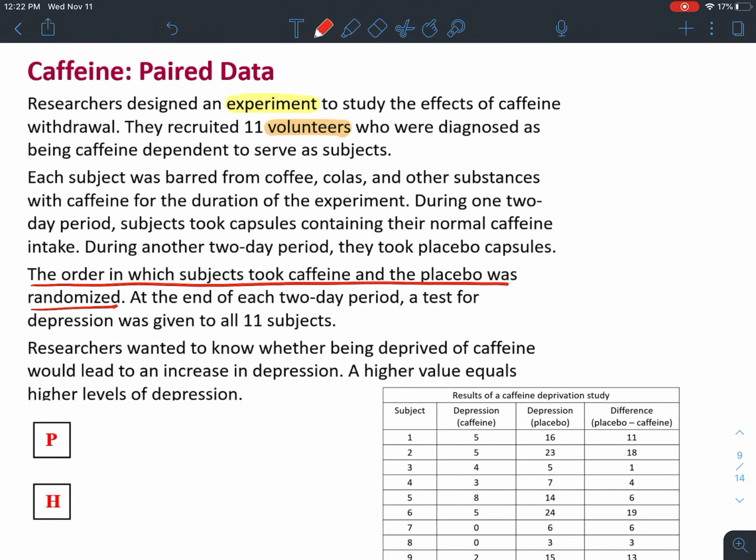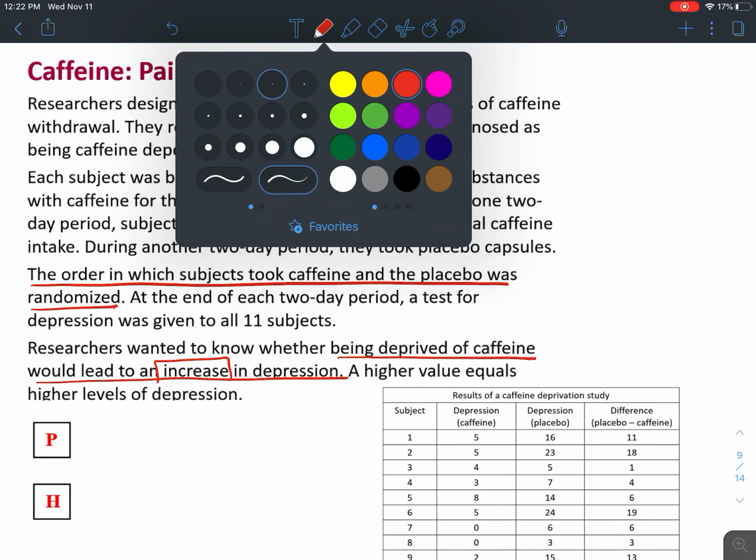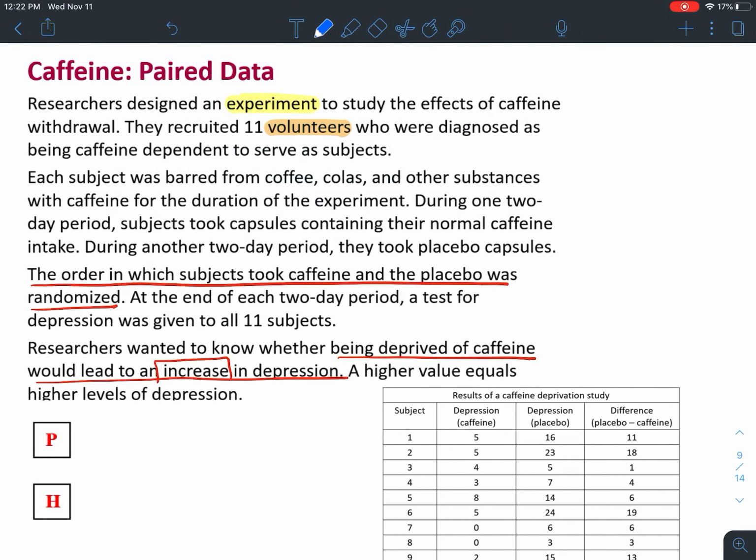At the end of each 2-day period, a test for depression was given to all 11 subjects. Researchers wanted to know whether being deprived of caffeine would lead to an increase in depression. If we're looking for an increase in depression, we want to keep that in mind.